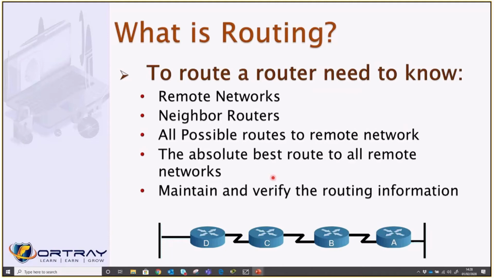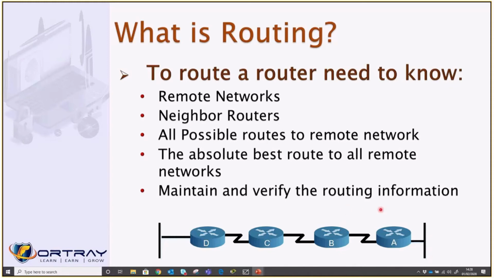So what is a router? A router needs to know the remote networks, neighboring routers, all the possible routes to the remote network, the best path to the remote network, and to maintain and verify them. Most importantly, it needs to know the remote network. Then the neighbor routers A, B, C, D: it needs to know what neighbor it is connected to.